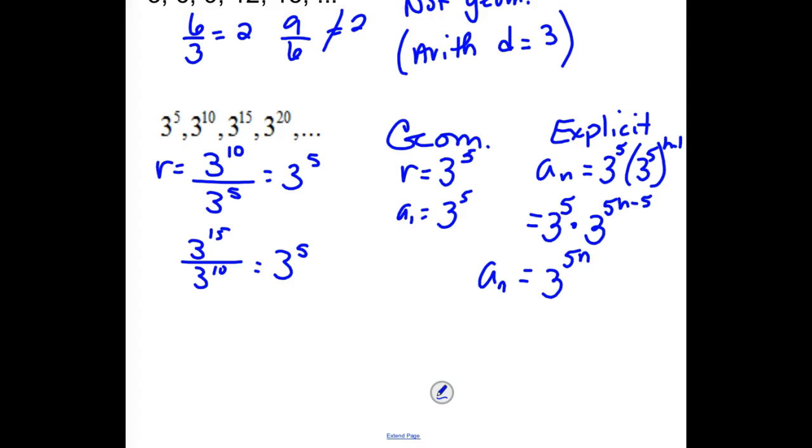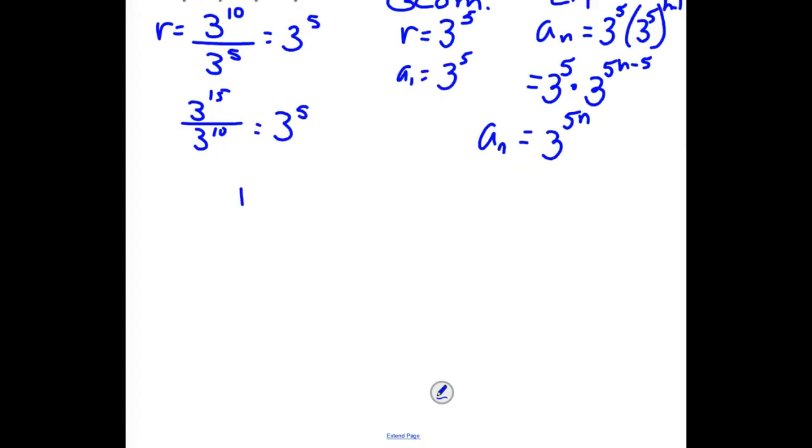What would our recursive rule look like? We start with what? When we write a recursive rule, we always start with identifying the first term. First term in this case is 3 to the 5th. Okay?